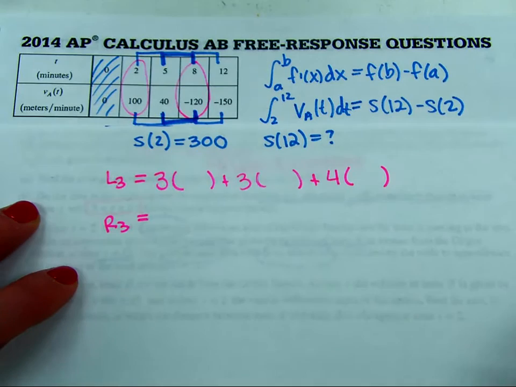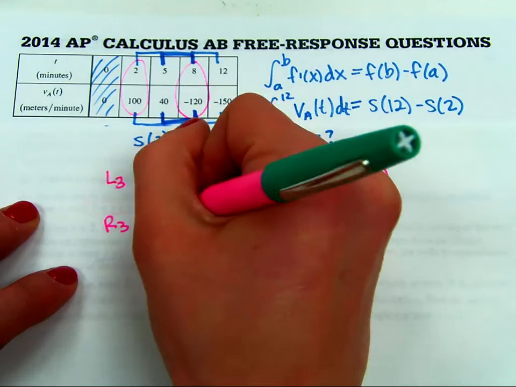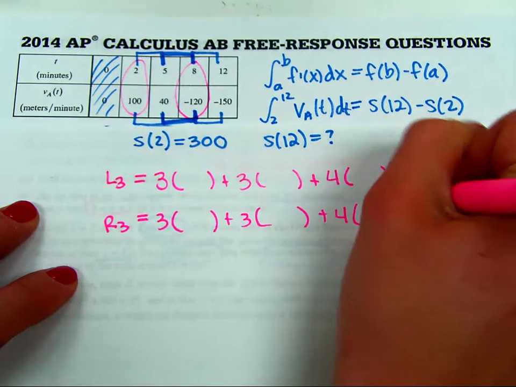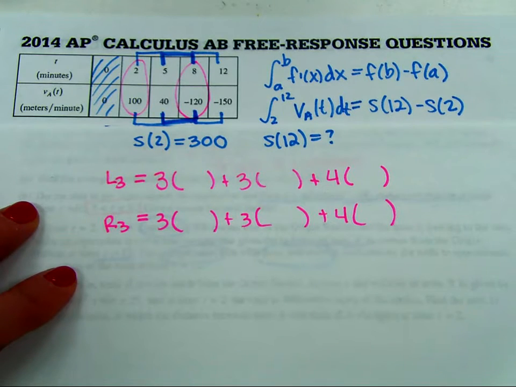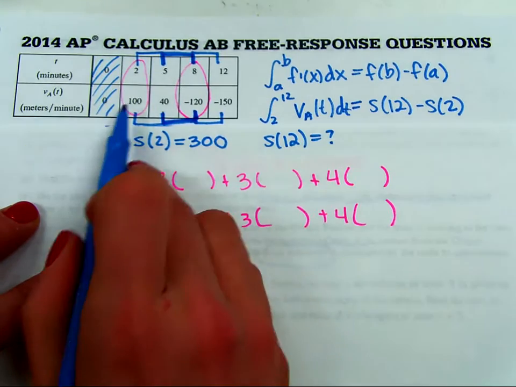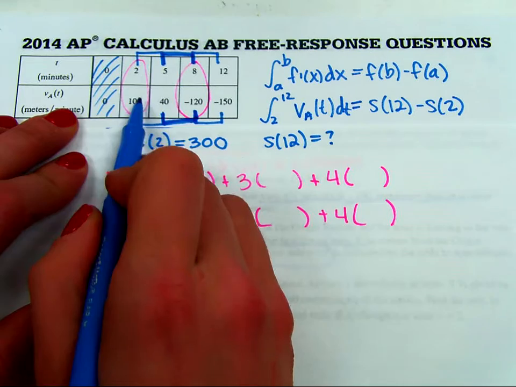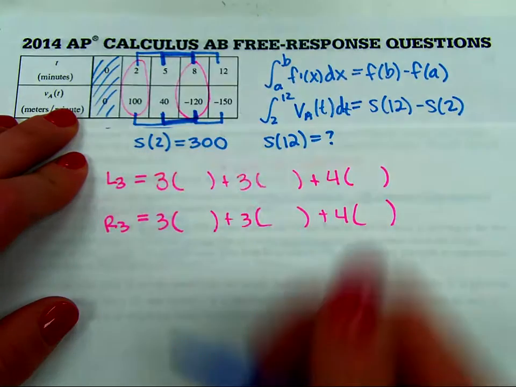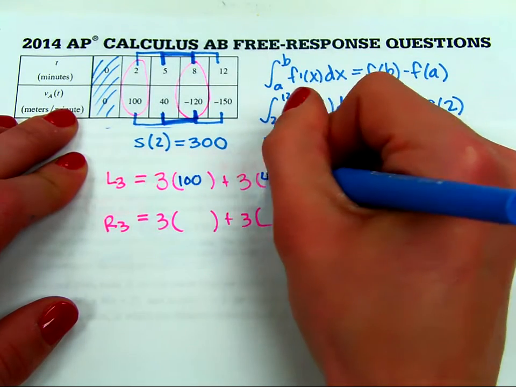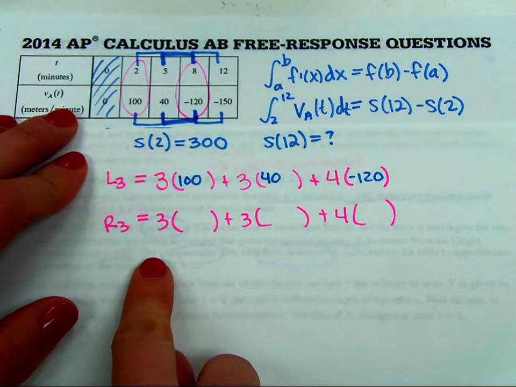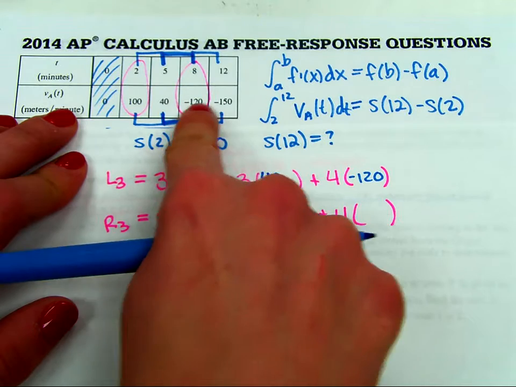We could set up our right Riemann sum at the same time. The boxes are the same width. Now we've got to pick our numbers for the left Riemann sum. We're picking the numbers on the left side of each box: 100, 40, and negative 120. And for the right Riemann sum, we're picking the numbers on the right: 40, negative 120, negative 150.